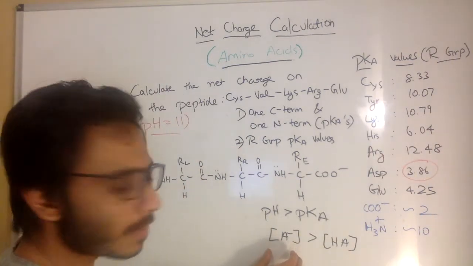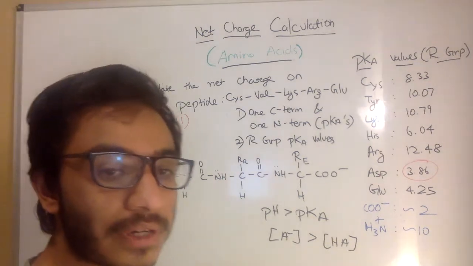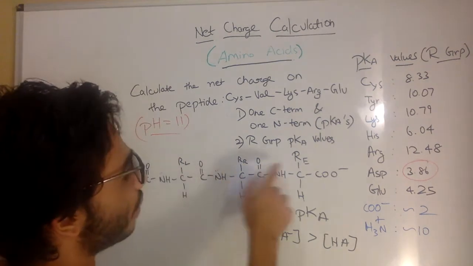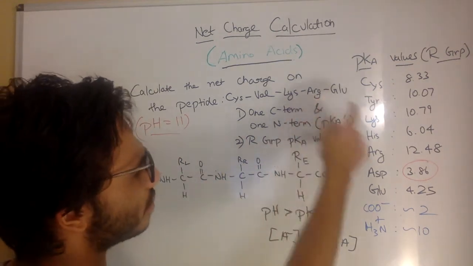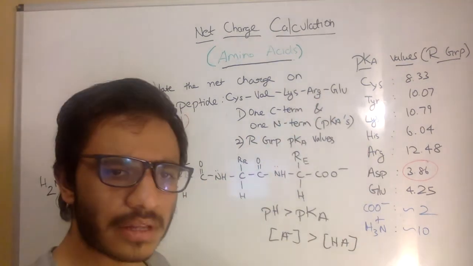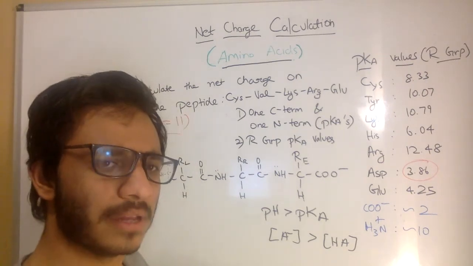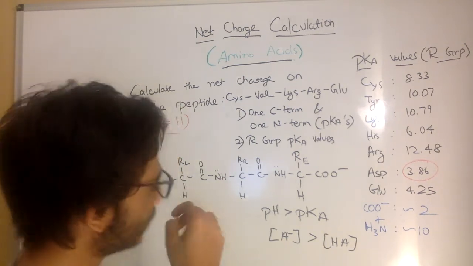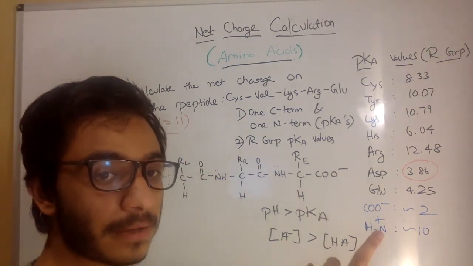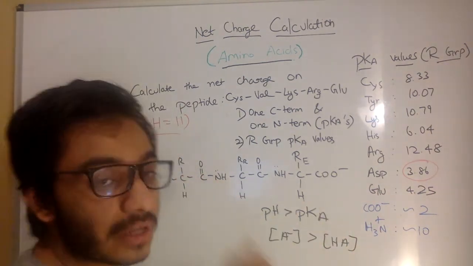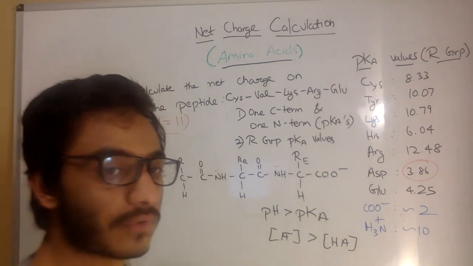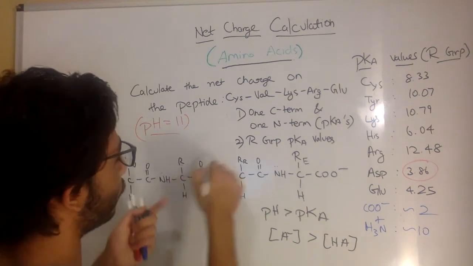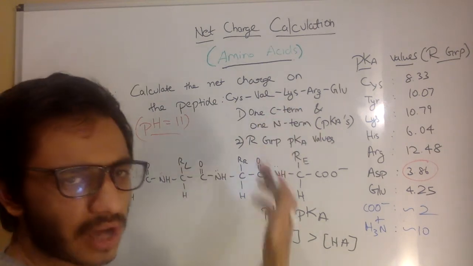But be careful, for lysine, its deprotonated form is not negative, because basic amino acids like lysine, arginine, and histidine already exist in the positively charged form in their neutral configuration around physiological pH. So once they lose their proton, they will become neutral instead of negatively charged. So from positive, they become neutral. So for lysine, I don't need to put any charge on that.